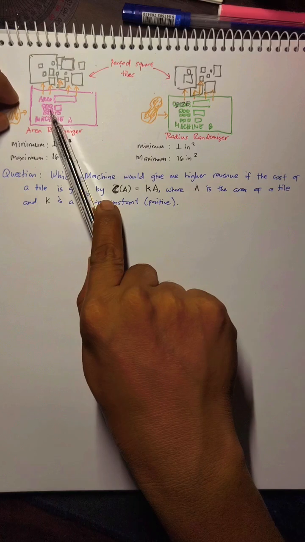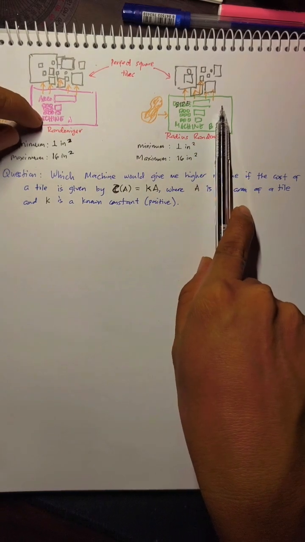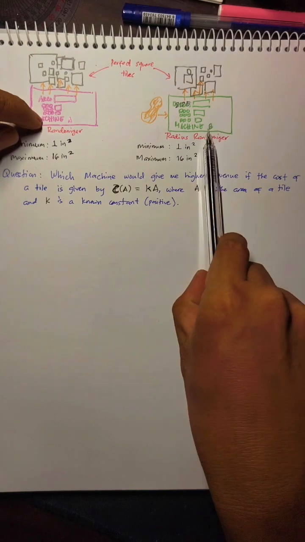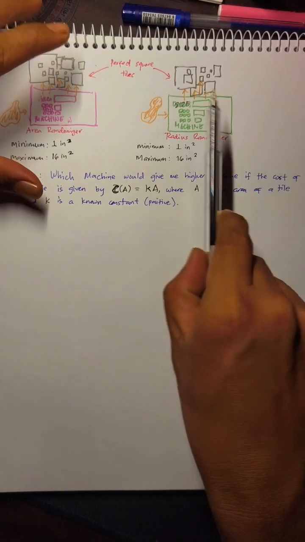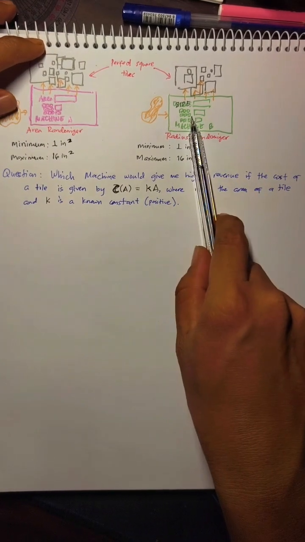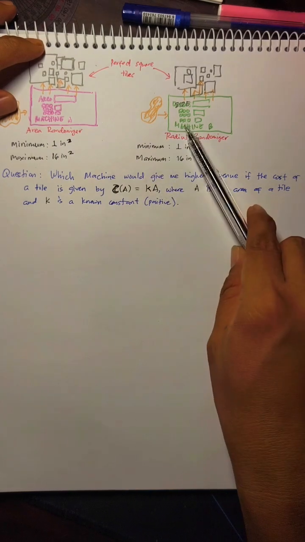If you make 1,000 tiles here, you also have to make 1,000 tiles in the second machine. But that's the thing here. It might be the case that one of these two will have a bigger expectation value or average value, so that machine will produce more revenue.